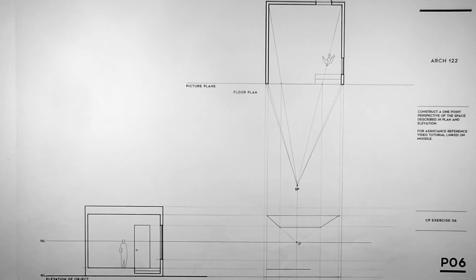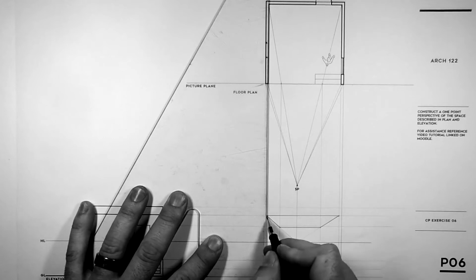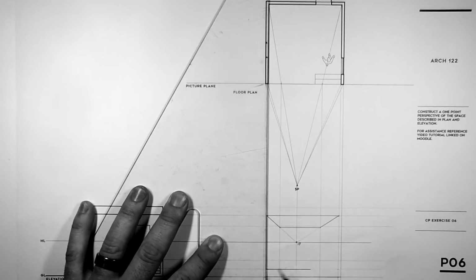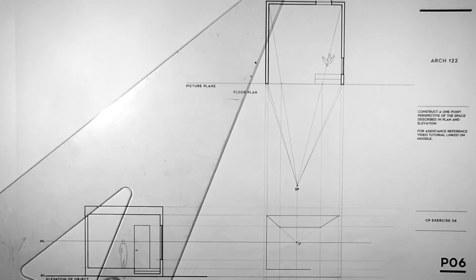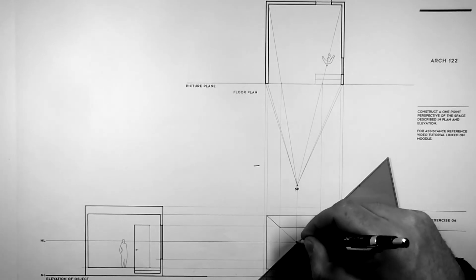And then from here, I can bring the interior wall up to meet the ceiling, and then from this intersection, we can bring a line towards our vanishing point.